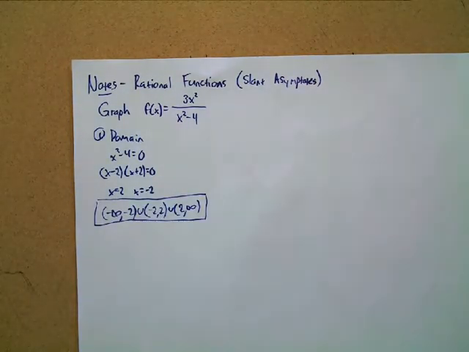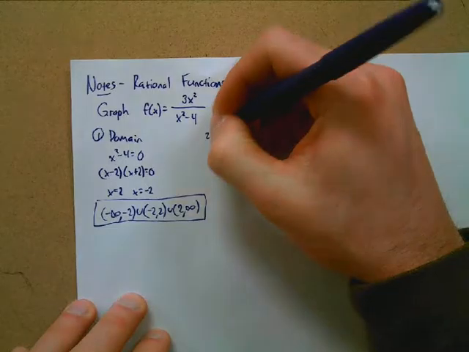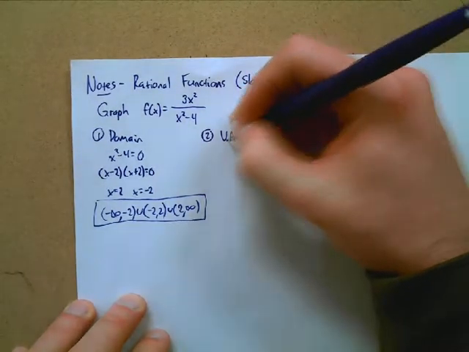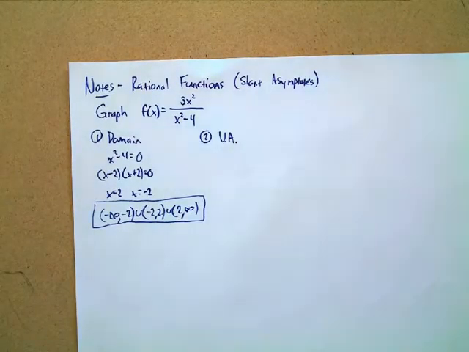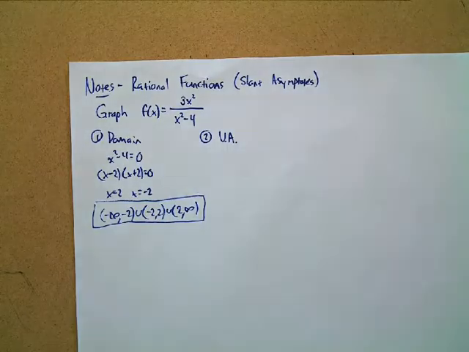Alright, and let's take a look at our vertical asymptotes then. Colin, do we have any vertical asymptotes here? So, vertical asymptotes occur when the function is undefined. So for what values of x here are we going to result in our function being undefined, or dividing by 0?